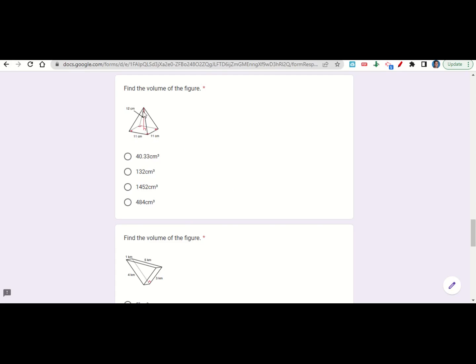And then we multiply that by the height, which is 12. When we do that, we end up with 1,452, which is here. But we have to take 1/3 of that because we need to account for the fact that this is a pyramid. And when we do that, we end up with 484, which is this one here.